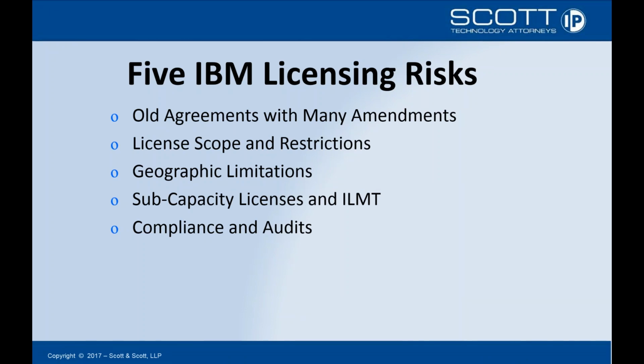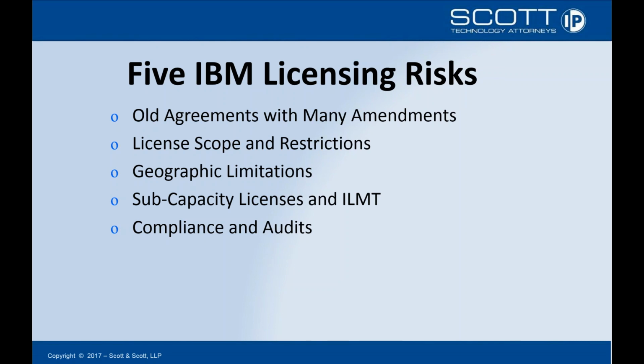The first and often most difficult risk to overcome is that many customers have had relationships with IBM for 20 or even 30 years where they have multiple agreements, and the agreements have several amendments and addenda, and there are separate purchases that are made under either the IBM licensing agreement or the new Passport Advantage license agreement called the IPLA.